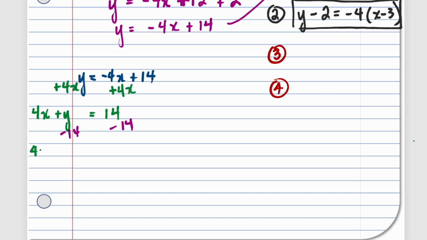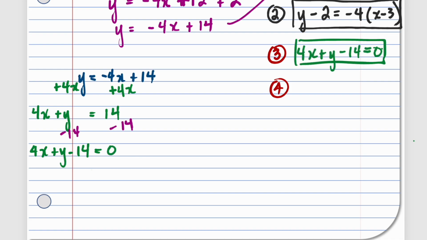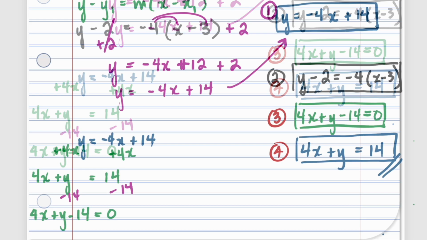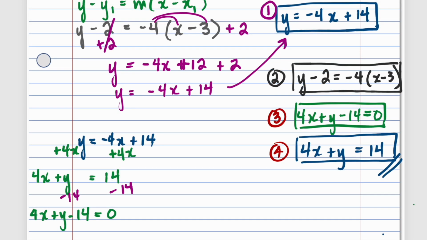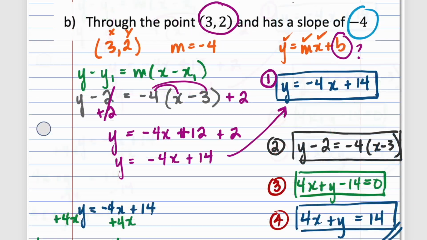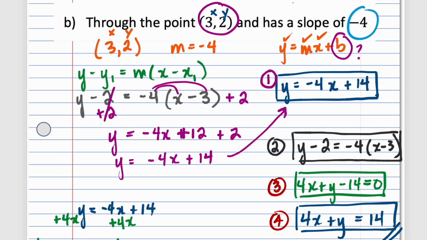And we get 4x plus y minus 14 is equal to 0. Last one is the standard form, and all we do is we put the 14 on the right. And there we go. We have 4 different forms of the equation given a point and a slope.